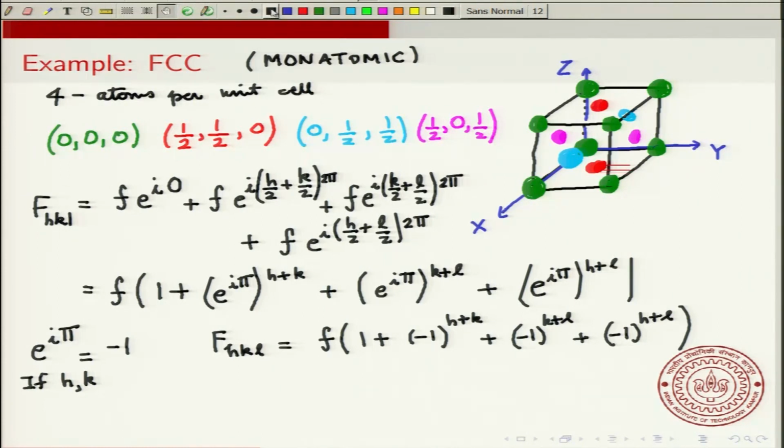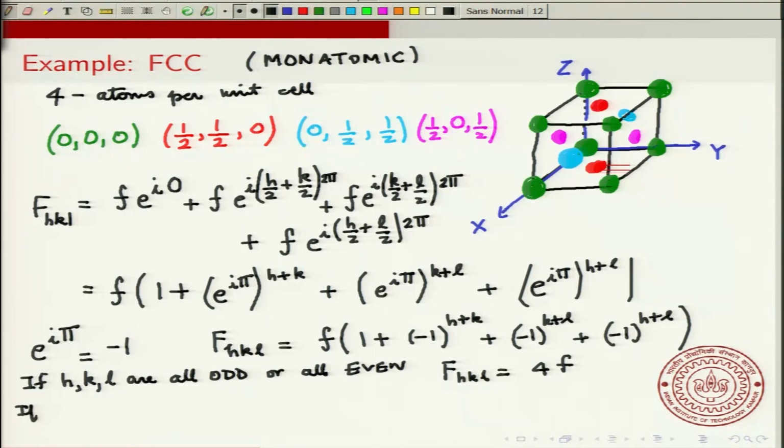And in fact if h, k, L are all odd or all even, okay, then each of these sums h plus k, k plus L and h plus L will be even. Okay. Then you will have f of HKL equal to 4f. Okay, and this is the condition for observing the peaks.